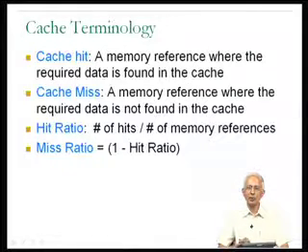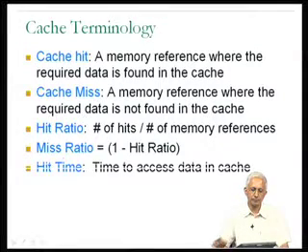So for example, if a processor makes 100 memory references and 90 of them are actually hits inside the cache, then I would talk about this as being a situation with a hit ratio of 0.9, which may also be described as 90%. You could alternatively talk about the miss ratio, which will be 1 minus the hit ratio. So in our particular example, I would have a miss ratio of 0.1. So we would be happy if our programs observe or benefit from a very high hit ratio, and we would be unhappy if the miss ratio is high.